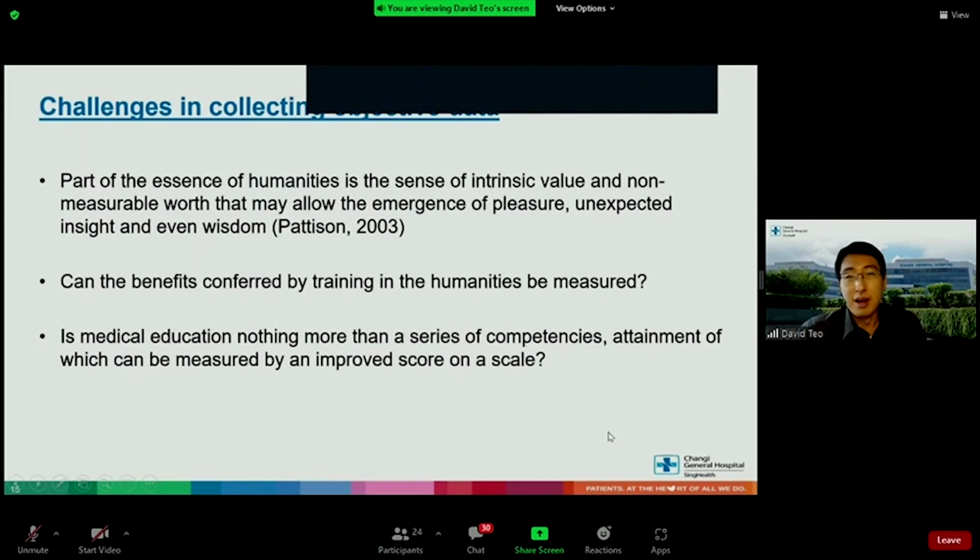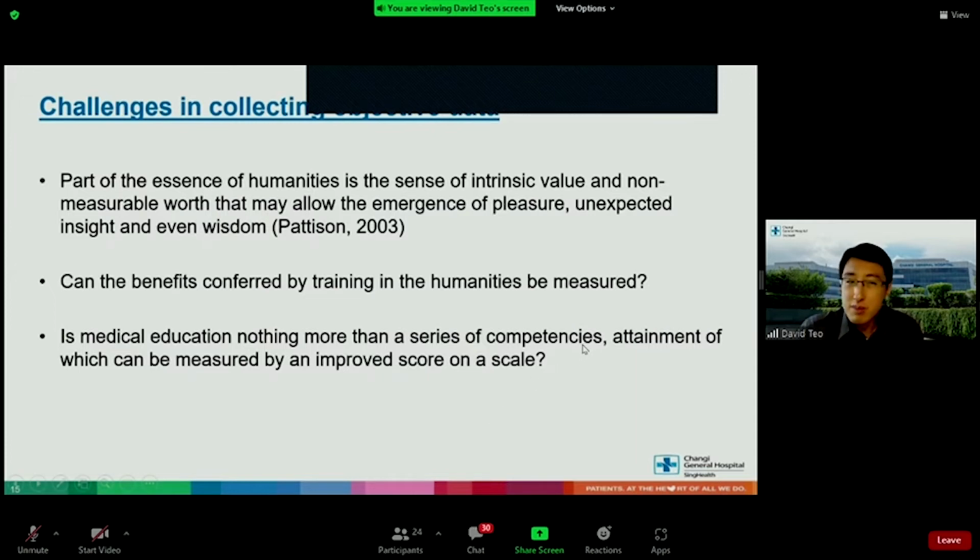Right, but again, some of the challenges in collecting objective data is because part of the essence of the humanities is the sense of intrinsic value, and that's something that's non-measurable. We can't really measure the emergence of pleasure or unexpected insight or even wisdom. We can't do that very objectively.